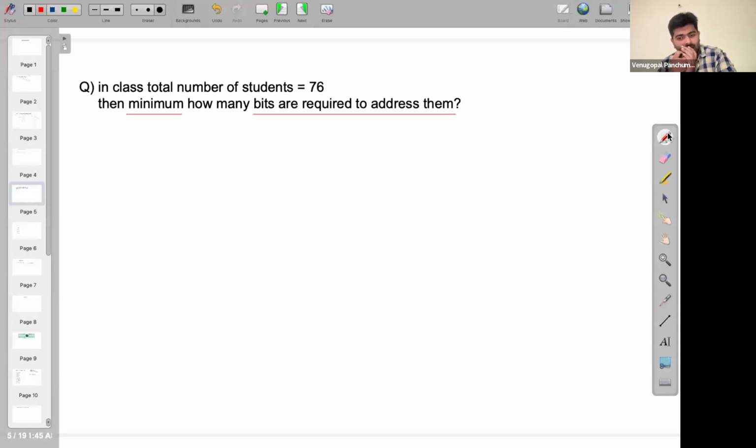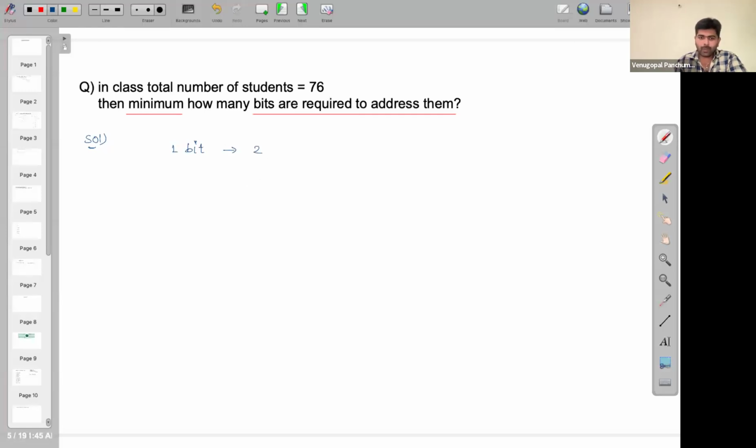6 bits. Somebody is giving 7 bits also. So see the solution here. If you have only 1 bit, how many patterns are possible?